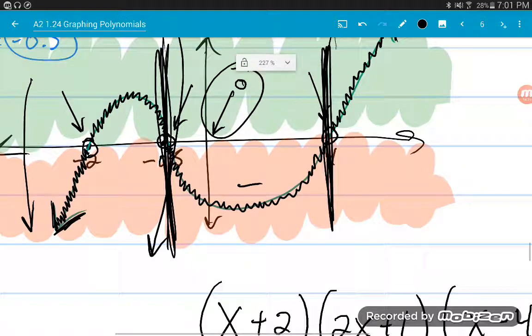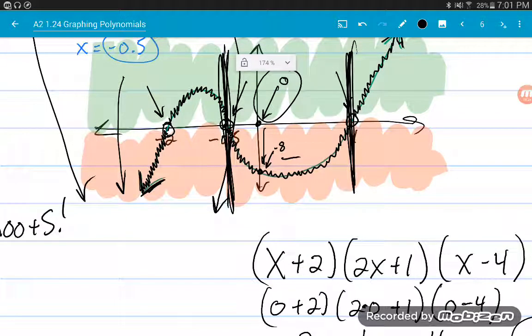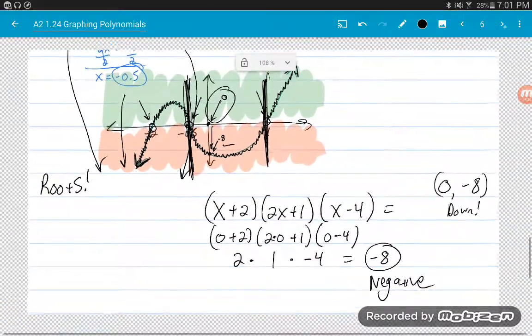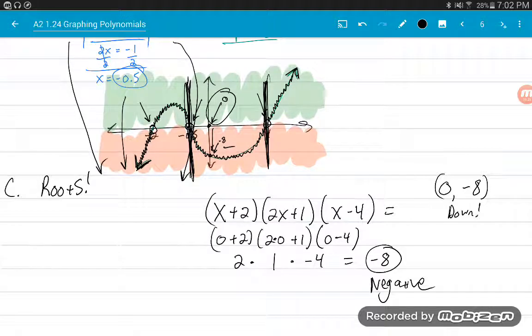If I zoomed in enough here, at x equals 0, the y value should be negative 8. It's down 8, so it must be below the x-axis there. So that's one way you can plug in if you're not necessarily sure, if you don't have a calculator and you don't really remember the rules. Okay?